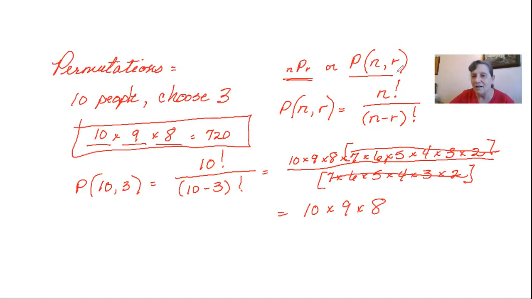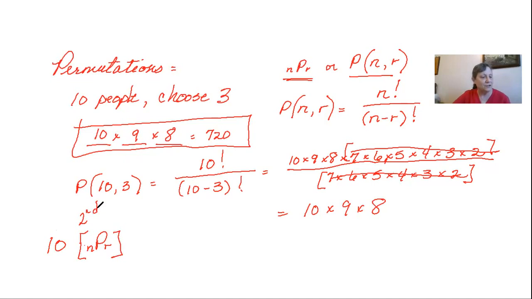If you're using the calculator, instead, you put in the 10, pull up the function for figuring the permutation. So you hit the button for nPr. And in my case, I have to actually hit the second function.